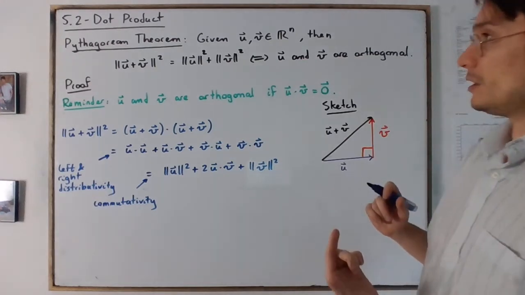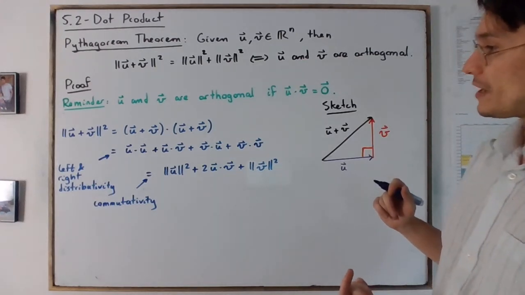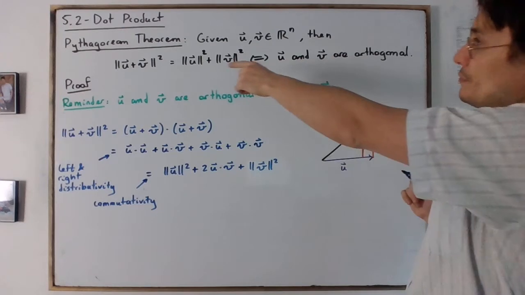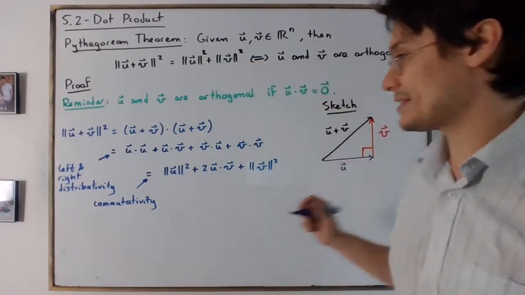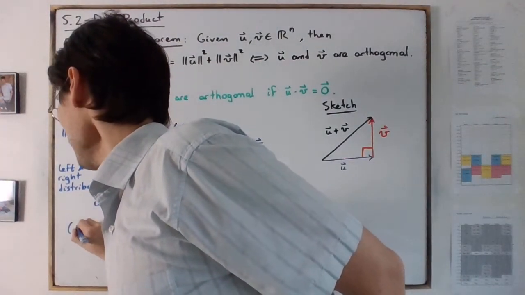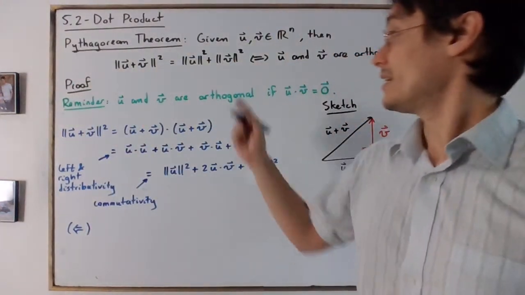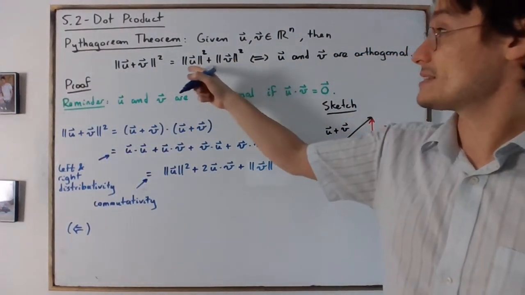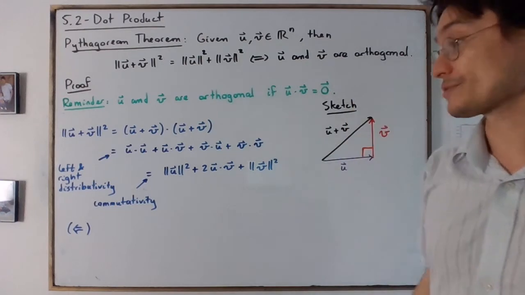So, first of all, let's prove this way right here. In other words, we prove the if statement: that this is true if this is true.